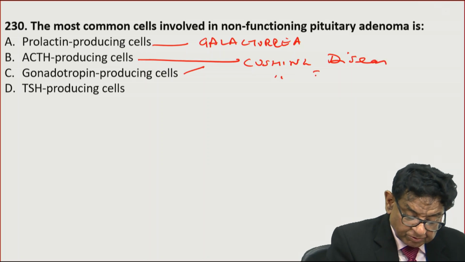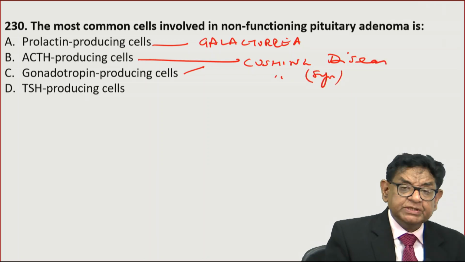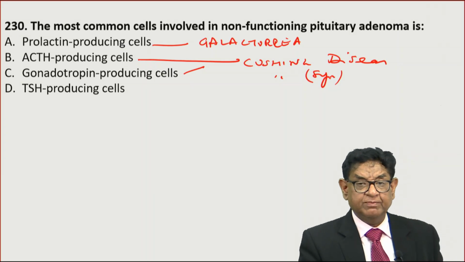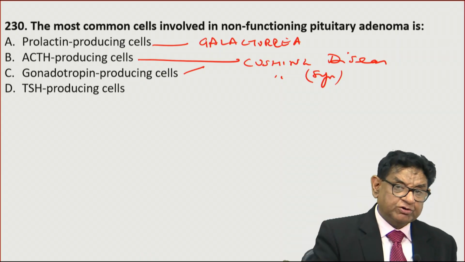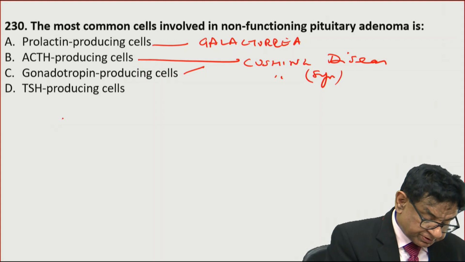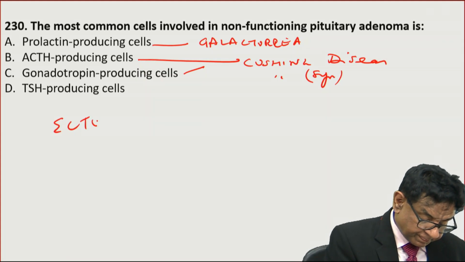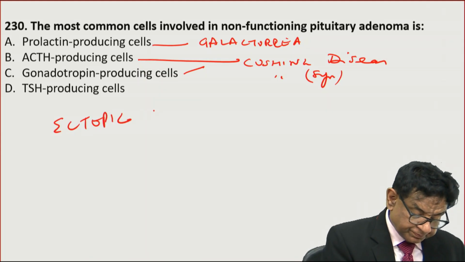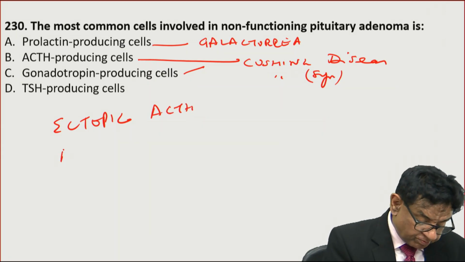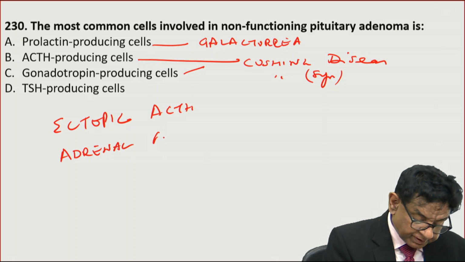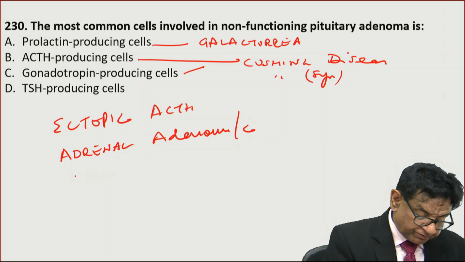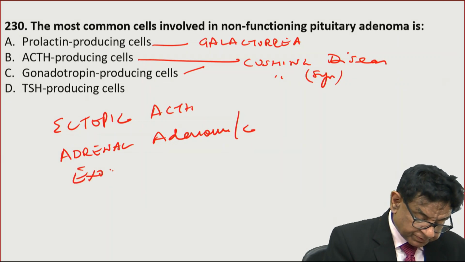So-called Cushing syndrome. Cushing syndrome is due to excess of steroid hormone. It can occur from ectopic secretion of ACTH. It can also occur from adrenal adenoma or carcinoma. It can also occur from exogenous steroid.